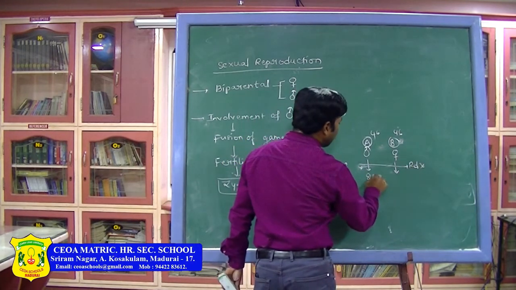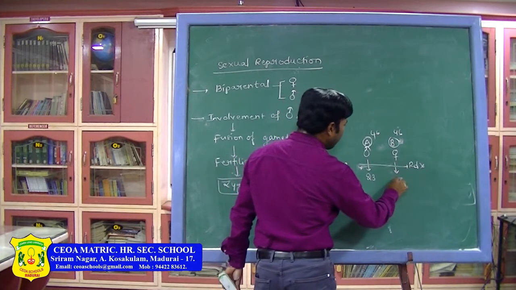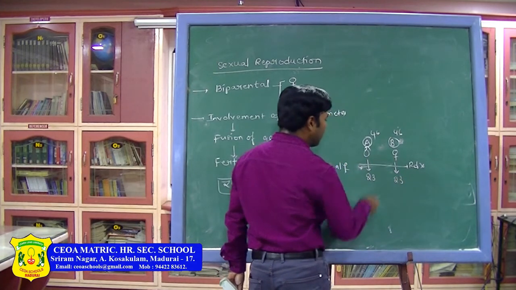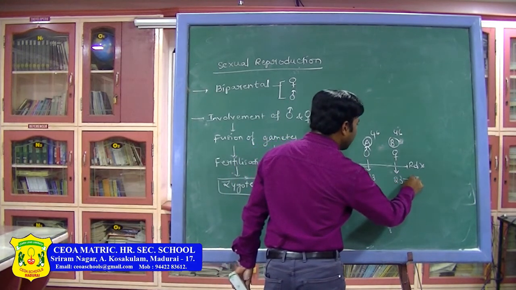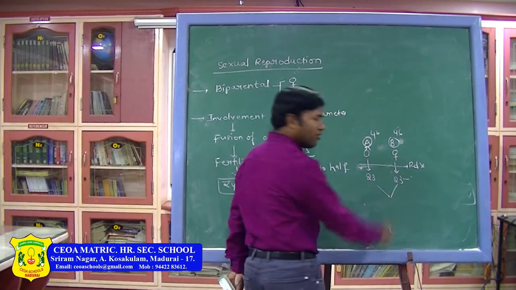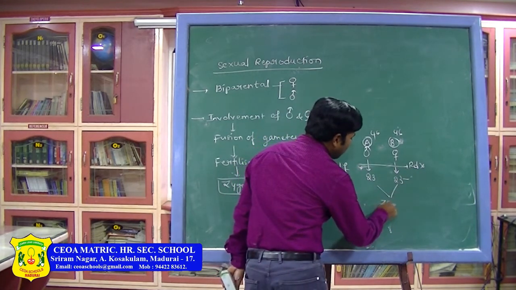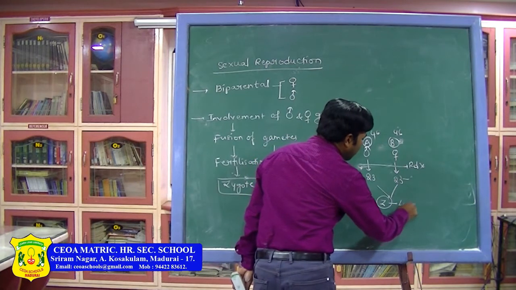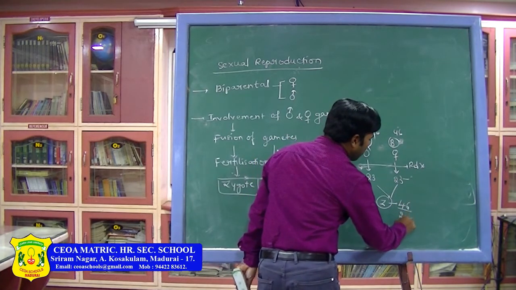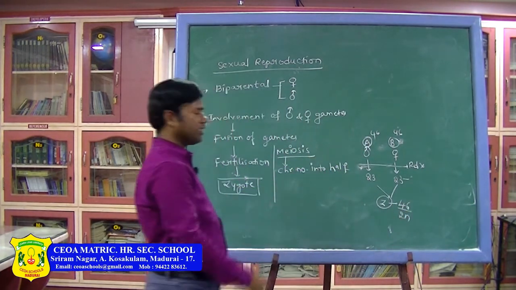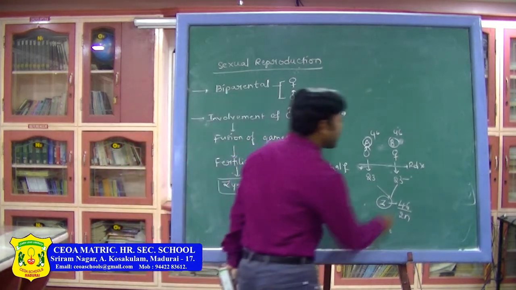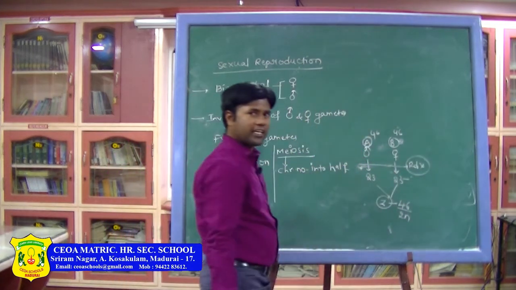Due to that, from the male we get 23 and from the female 23. This is the gamete stage. In the next generation, we get a zygote consisting of 46, a diploid condition, 23 plus 23. So reduction division has taken place.